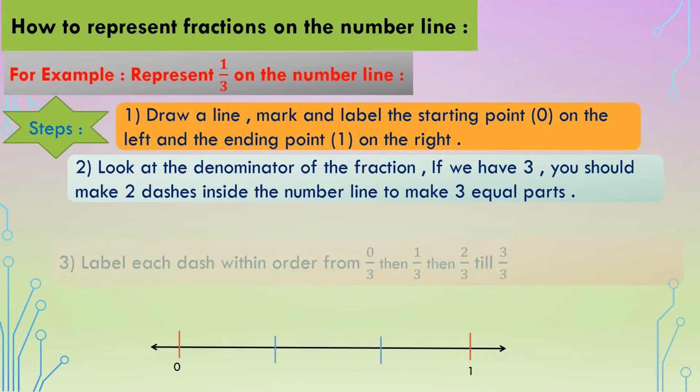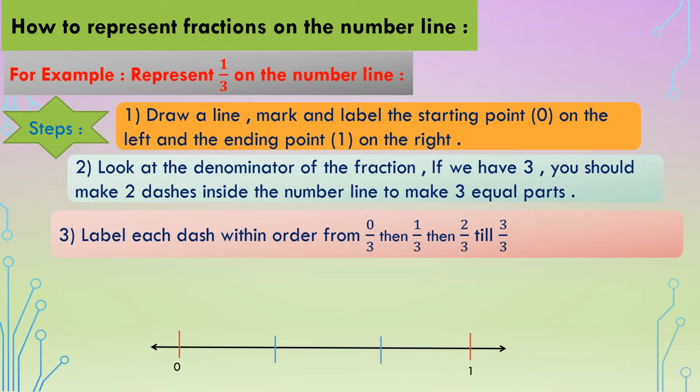Step number 3. Label each dash in order, starting from 0 over 3, like this. Convert the 0 to a fraction by using the denominator 3.